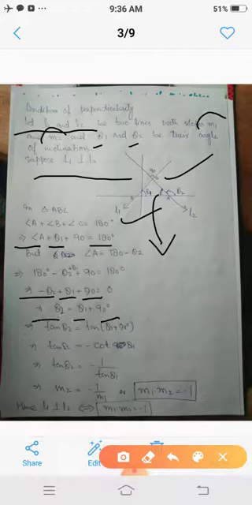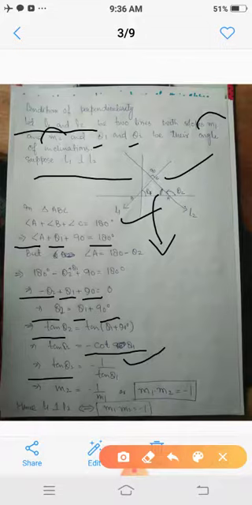Now this is possible only when tan theta 2 equals tan of theta 1 plus 90. But tan of 90 plus theta equals minus cot theta, which implies that this is minus cot theta 1, or simply tan theta 2 equals minus 1 upon tan theta 1.